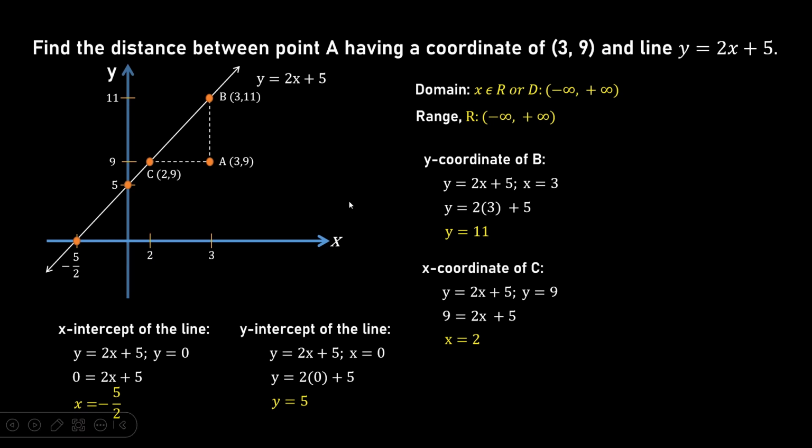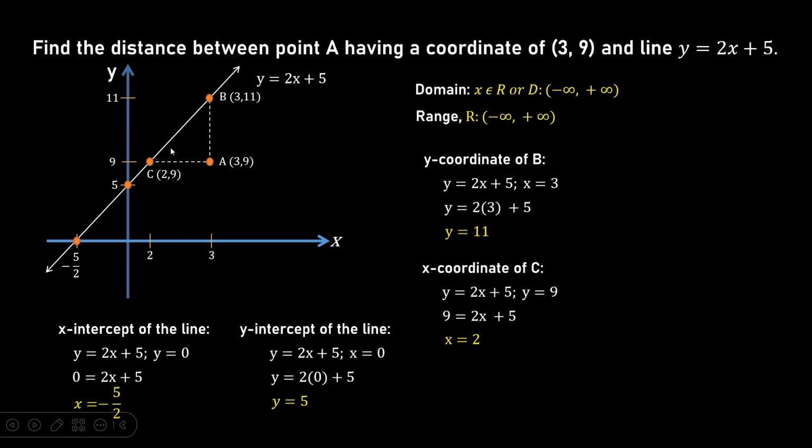Now that we've computed the coordinates of the intersections of those lines that we've projected vertically and horizontally that passed the given point A, we can now verify our assumption on the location of point A. How? By comparing the coordinates of the intersection and the given point A. First, let's compare A and C. Sabi natin kanina that A and C lie on a horizontal line, meaning that their y-coordinate is equal.